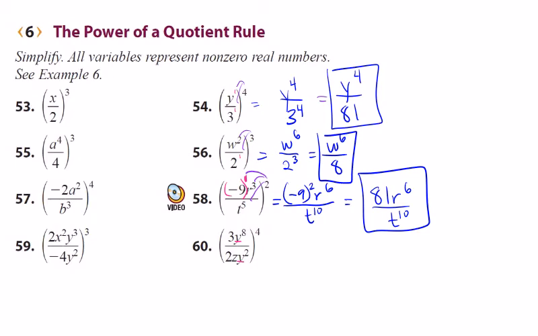I'm going to bring over the 3, and then with the y's, I'm going to end up with 1y, and I'm going to subtract the exponents. 8 minus 2 is 6. Okay, then on the bottom we have the 2 and the z. All right, and then we still have the 4th power on the outside, and now we can get ready to use the power of a quotient rule.